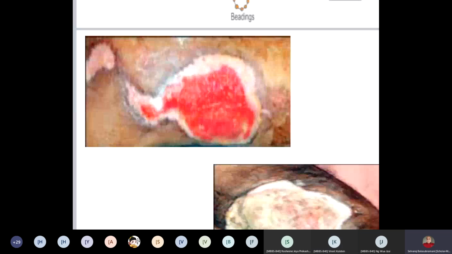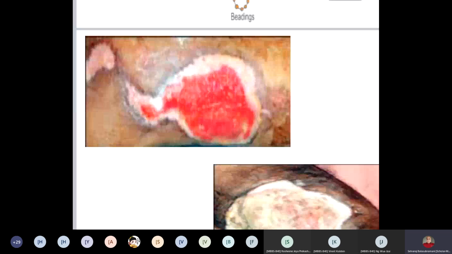That epithelium will grow over this granulation tissue. Finally, it will cover the whole ulcer. So in a healing ulcer, typically you will see 3 colors: central pink color, peripheral white color, and in between a blue tinge. This is a healing ulcer.